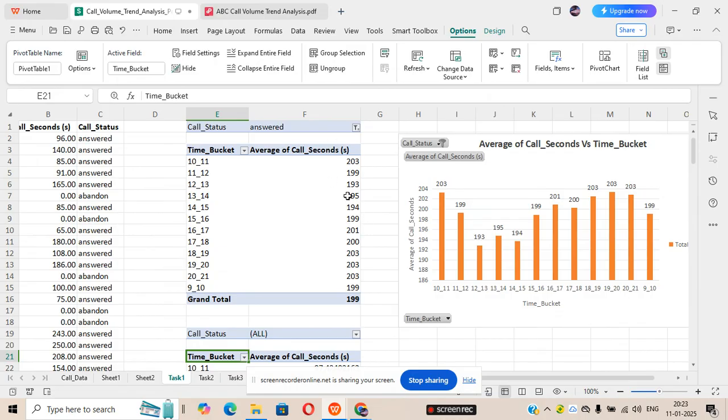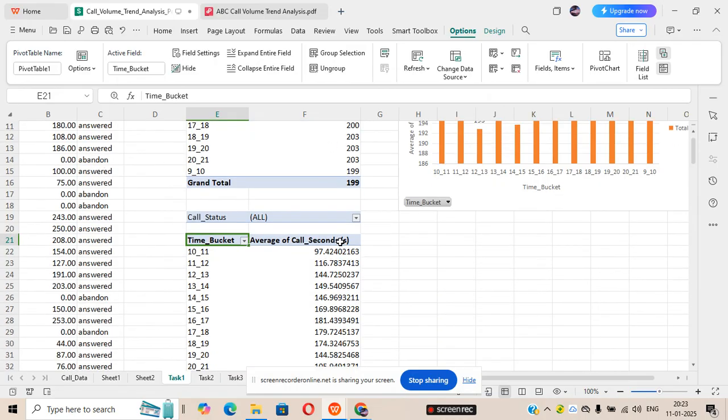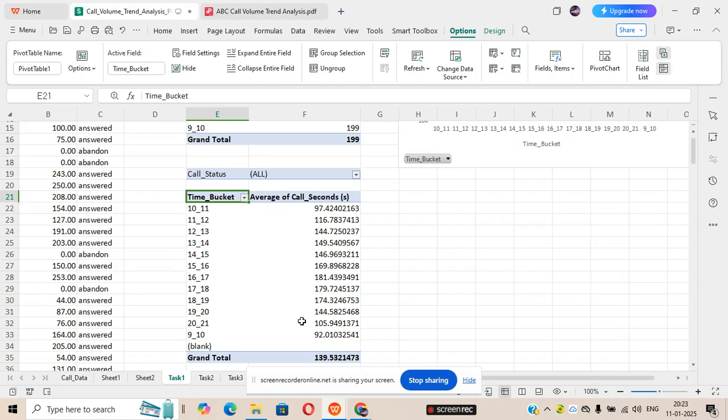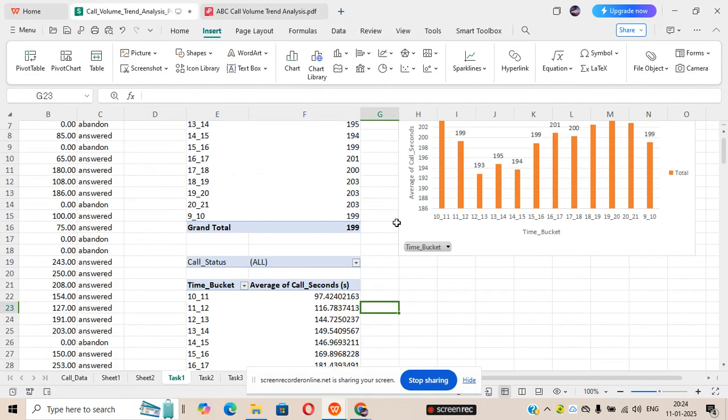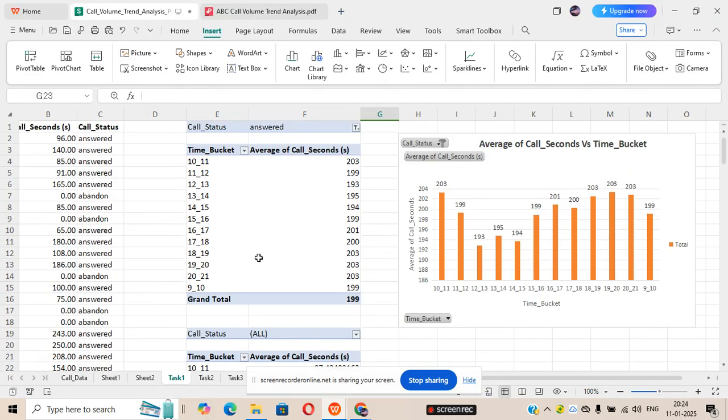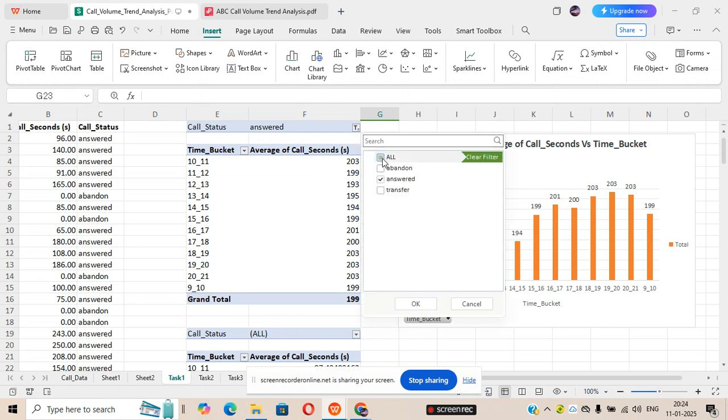I selected these values and formatted the cells. This is the pivot table we got, and we can filter each status of calls.